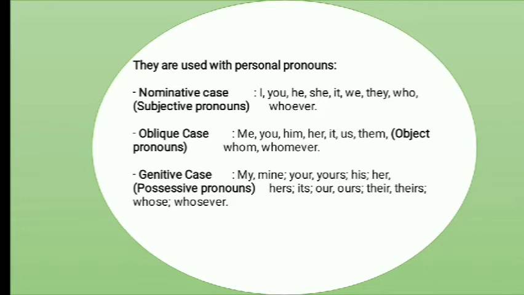First, nominative case or subjective pronouns. They are I, you, he, she, it, we, they, who, and whoever. Second, oblique case or objective pronouns. They are me, you, him, her, it, us, them, whom, and whomever.